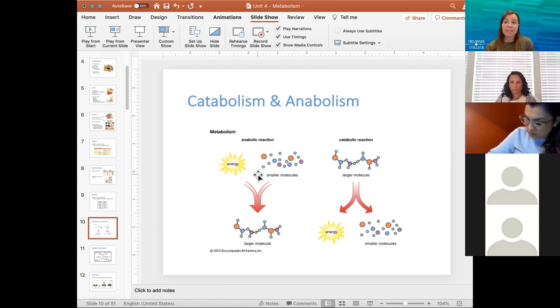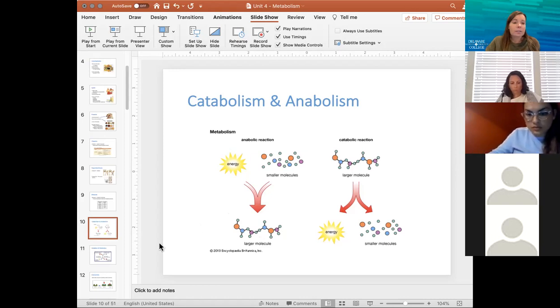Anabolism is pretty much the exact opposite of that. If you take a bunch of smaller molecules and use energy, typically these reactions do require energy, because you're building new bonds between these smaller atoms or molecules, and then you're building a brand new larger molecule. That is anabolism.